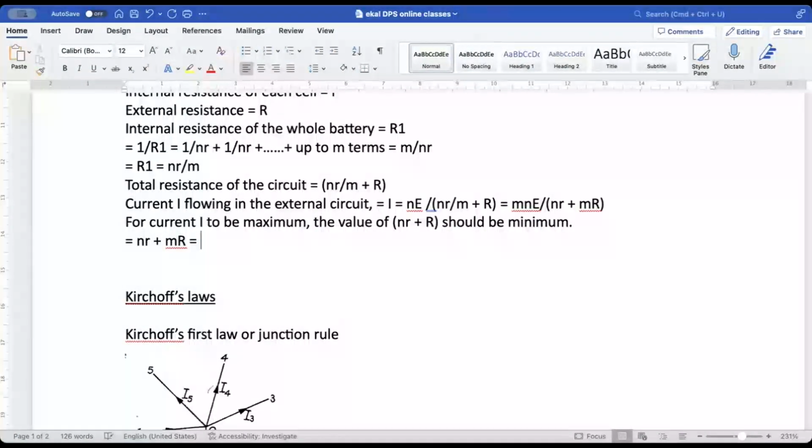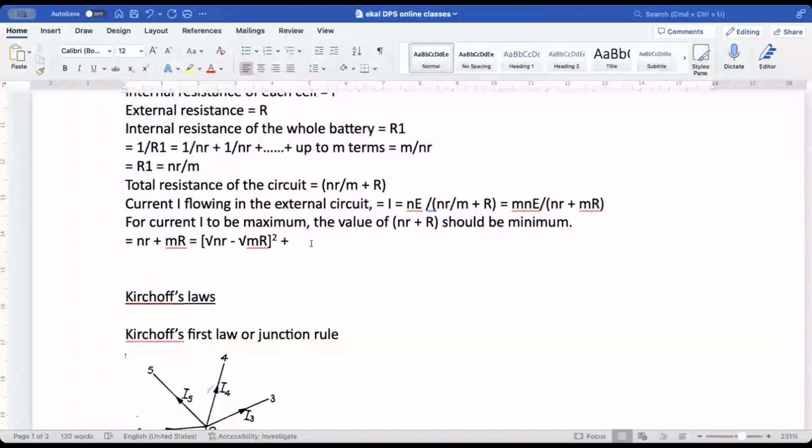This can be written as root of nr minus root of mR, the whole square, plus, when we solve it, nr minus 2 root of nmRr plus mR, right?